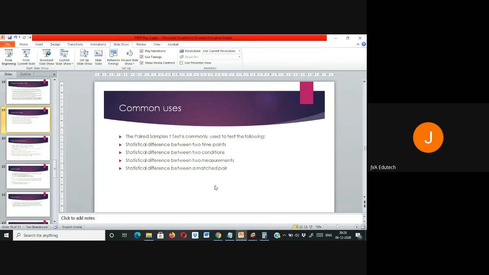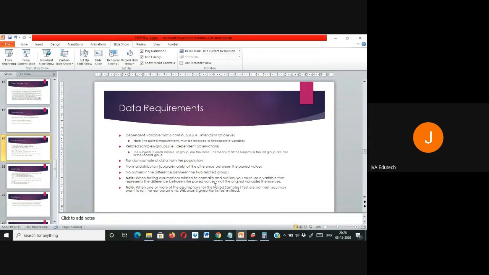So the paired t-test is commonly used to test the following: statistical difference between two time points, statistical difference between two conditions, statistical difference between two measurements, statistical difference between a matched pair, like this.